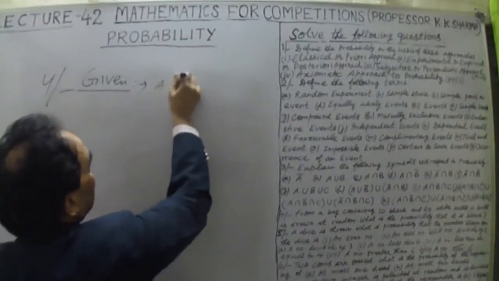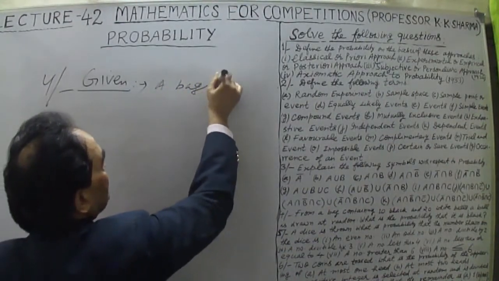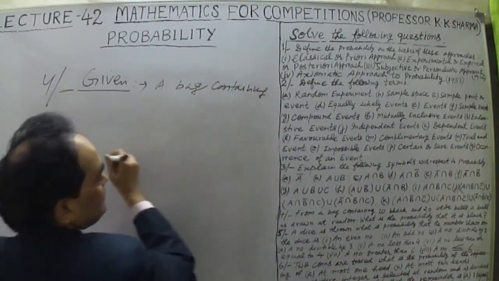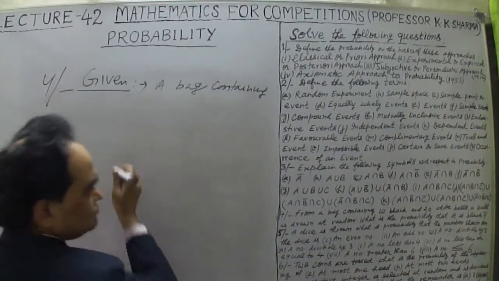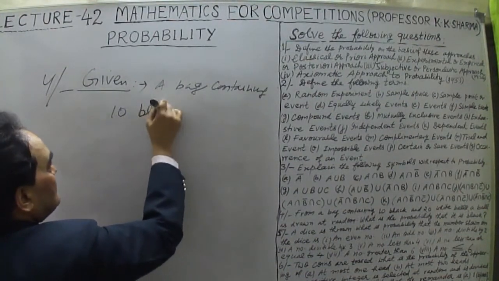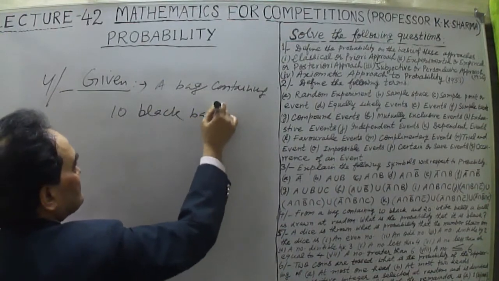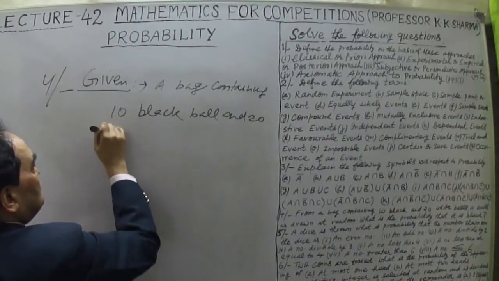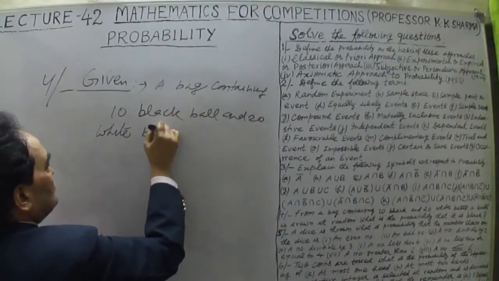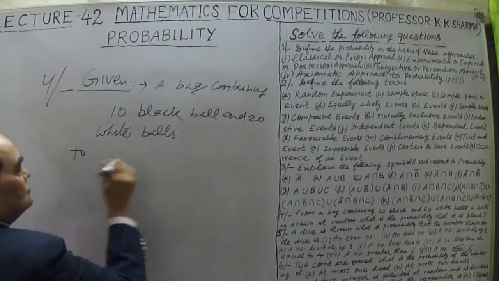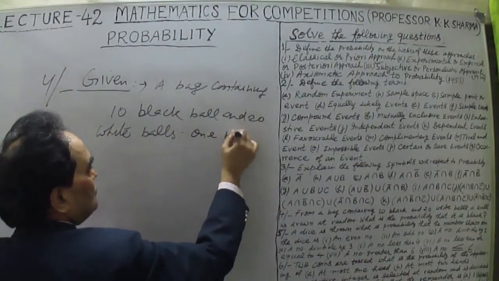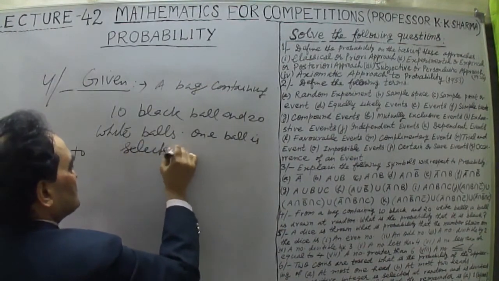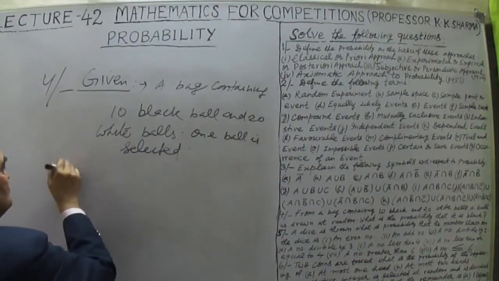We have a bag containing 10 black balls and 20 white balls. One ball is selected, then to find.